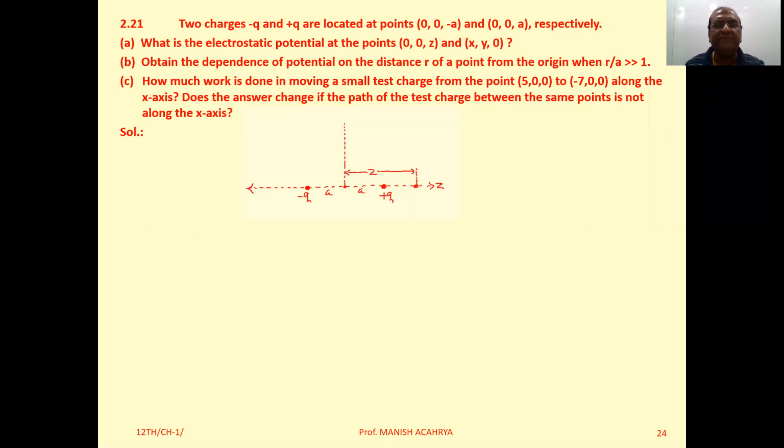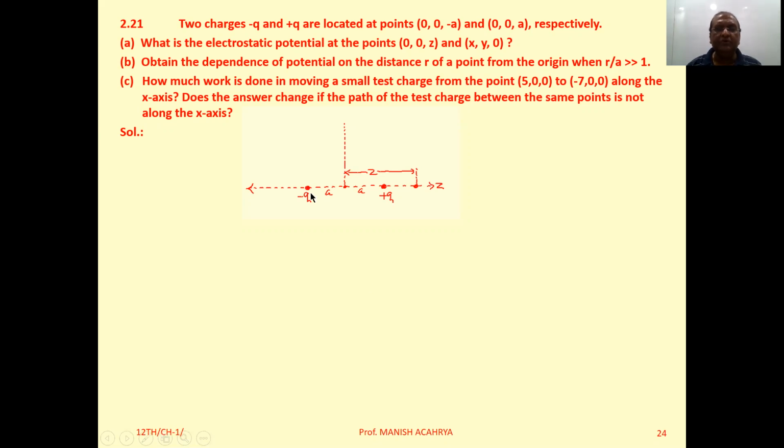See here, minus q at (0, 0, minus a) and plus q at (0, 0, a) means we can say this is a dipole which is coinciding with the z axis.